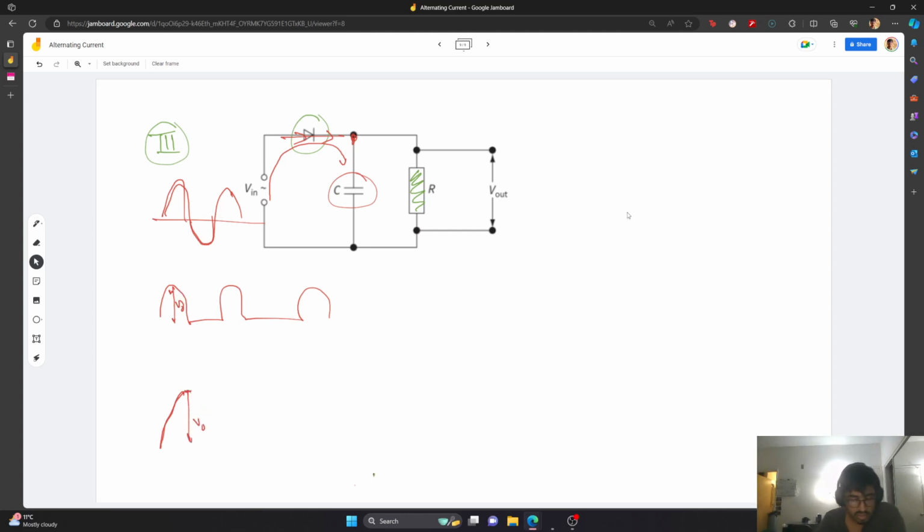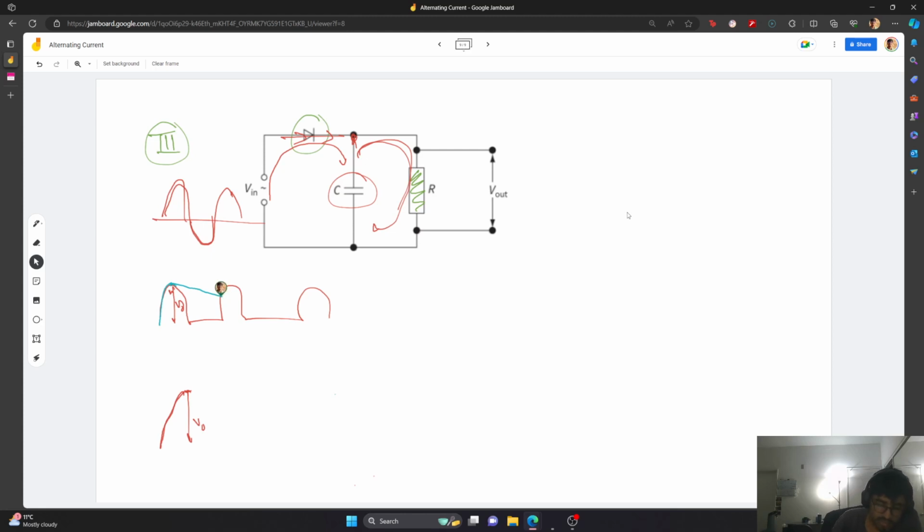After that, when the voltage tries to decrease, the capacitor also has to discharge. It tries to discharge itself through the resistor path, but it's not able to discharge very quickly. The signal is reducing to zero, but the capacitor can't reduce so fast, so it discharges slowly.